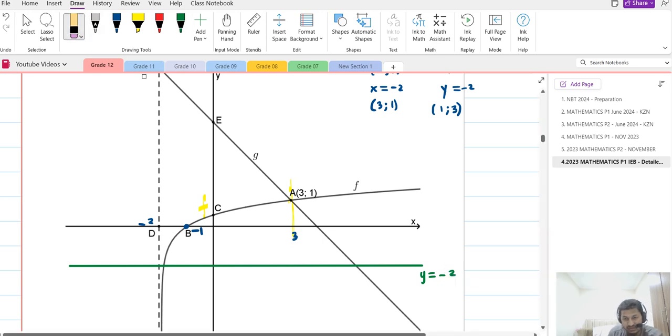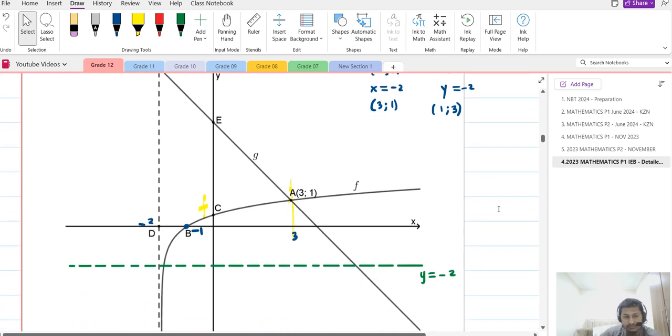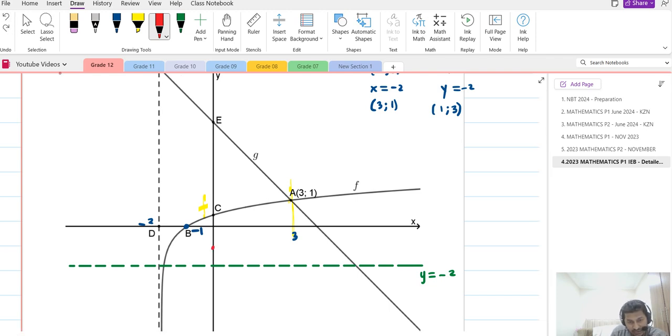Now the y-intercept of the f inverse is 0 and -1, exactly in between, right?